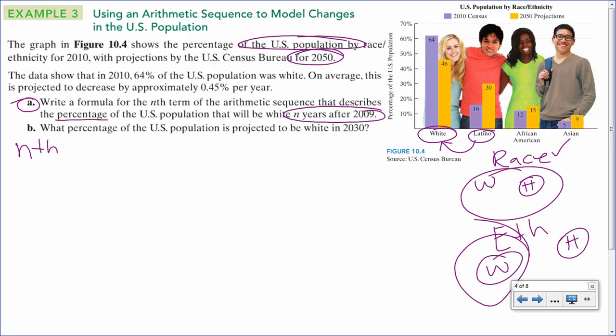So let's find the first one. So it says here in the year 2010, it was 64%. So let's consider our A sub 1, 64%. So instead of saying like 200 million or 10 million, we're just going to talk about percentages, okay?